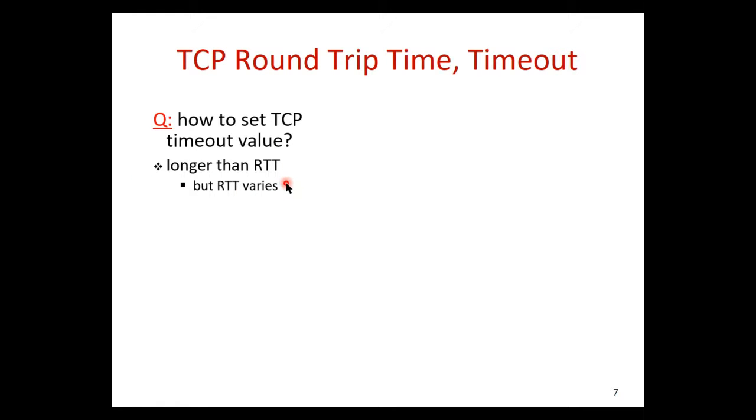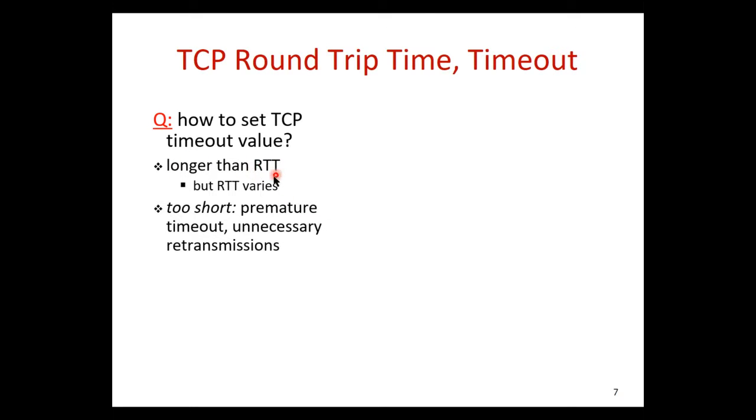But the issue here is that the round trip time varies. Remember the traceroute? When we ran the traceroute, we saw a lot of fluctuations in the round trip time. Even though we go to the same router, the round trip time can fluctuate a lot. So we cannot set a fixed static value for the timer.